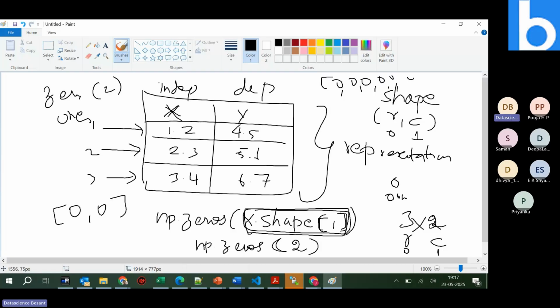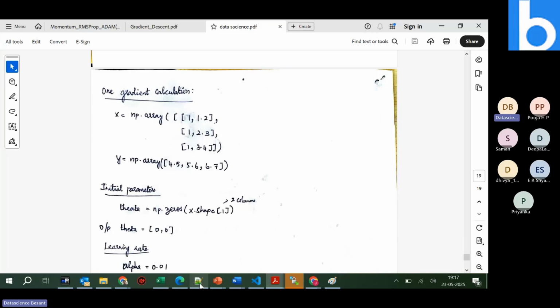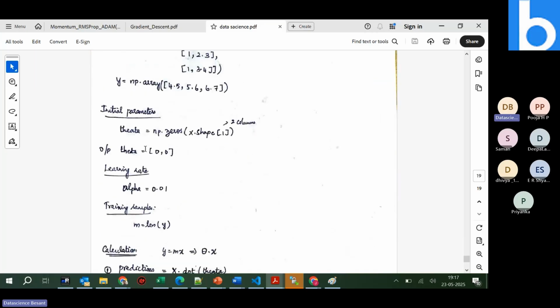If it is ones, it will create a list with 100 ones. So the final answer of this is 0, 0, correct? So I have written the output as theta is equal to 0, 0.